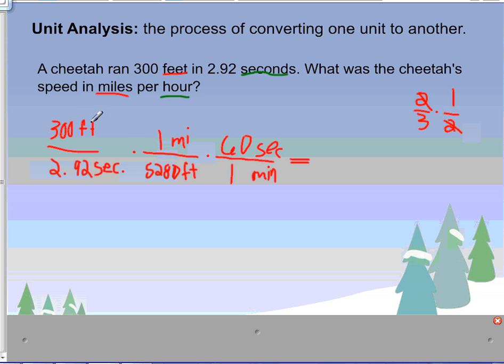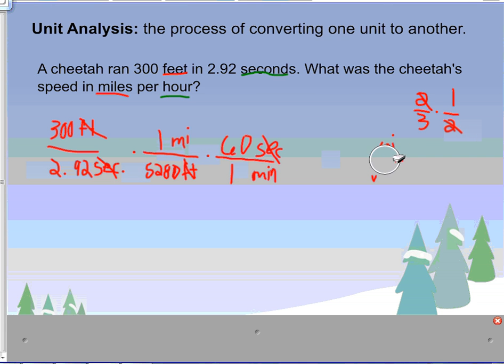So what I can do now is say bye-bye feet, bye-bye seconds. And then if you notice, what's left on top unit-wise is miles, and what's left on bottom is minutes, which is almost what we want.